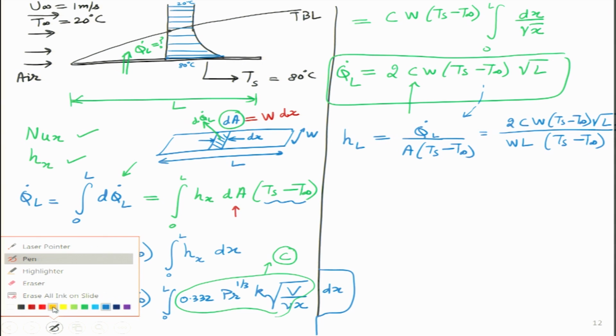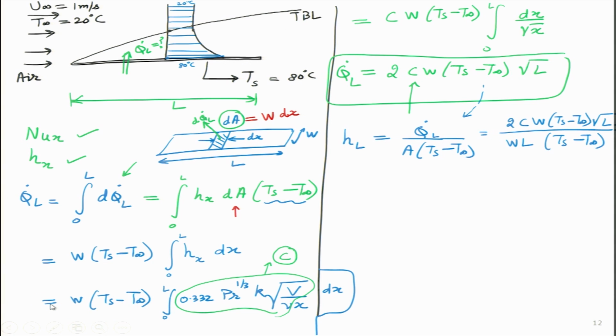I hope nobody is getting confused. I am doing it very slowly, and it is simple arithmetic multiplication and integration. These two temperatures get cancelled out, the width also gets cancelled out. So, all I get finally is 2C divided by square root of L.